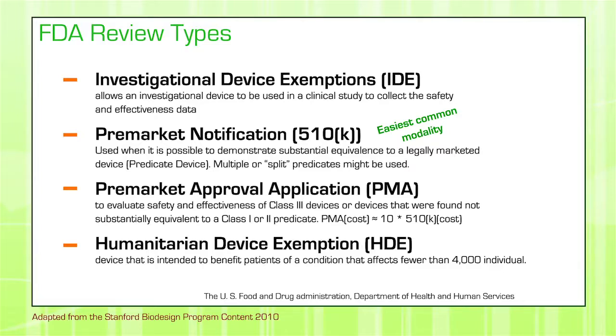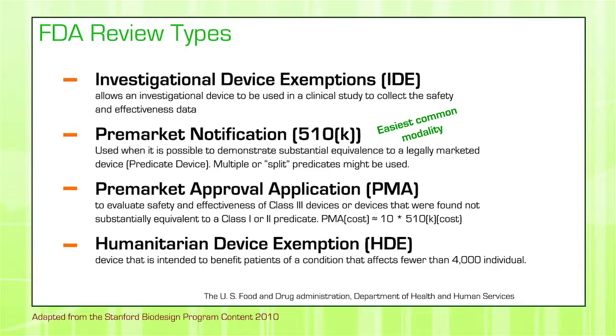What you're going to see is that a pre-market notification or a 510K is used when it is possible to demonstrate something called substantial equivalence, which we're going to define later in this module, to a legally marketed device, which we're going to call a predicate device. And you should know also that multiple or split predicates might be used for this process to be justified.